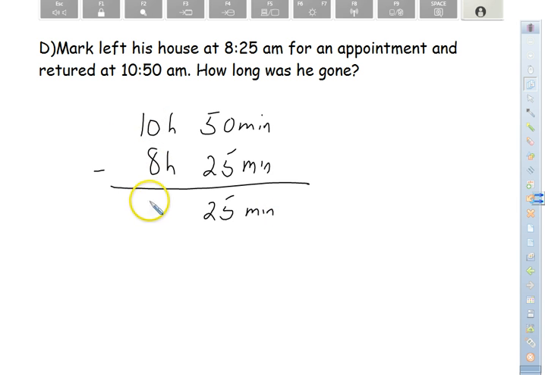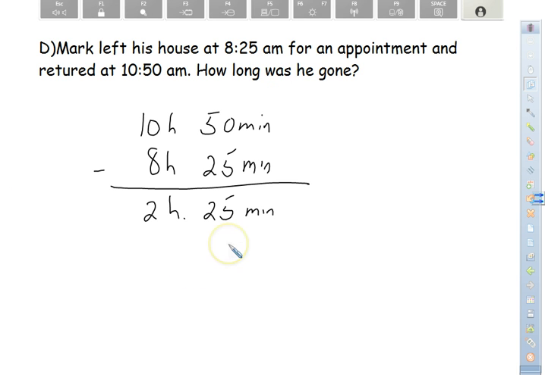And subtract this, and you get 2 hours. So it's simply 2 hours, 25 minutes is the difference. And if we were to add that on to this, there's the 2. Add that on and you get 10. And add 25 onto 25 and you get 50. Okay. That is what you're doing today.